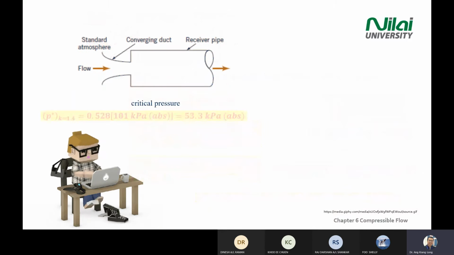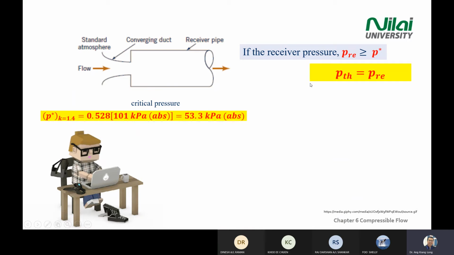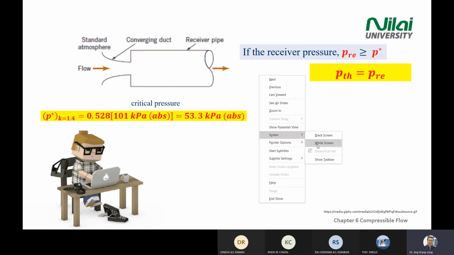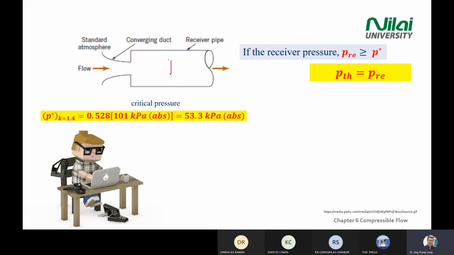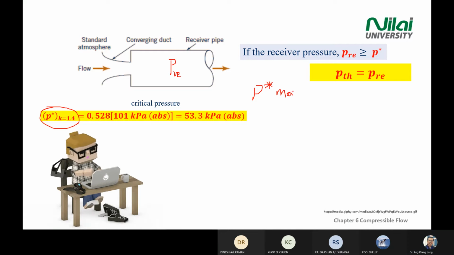Okay, once you get your P star, you can find the remaining ones. So the scenario: this is your receiver pressure, PR. You know your P star, you see the marking of P star means the Mach number equal to 1, or we call it the critical condition.